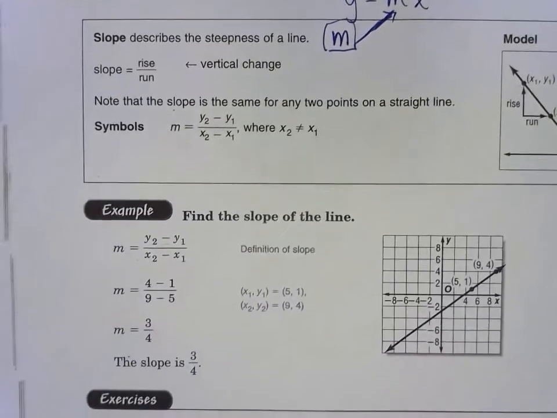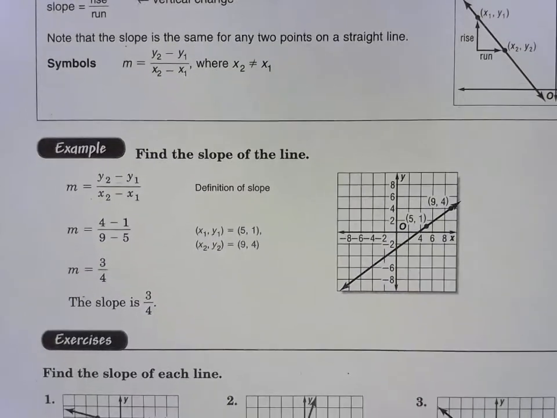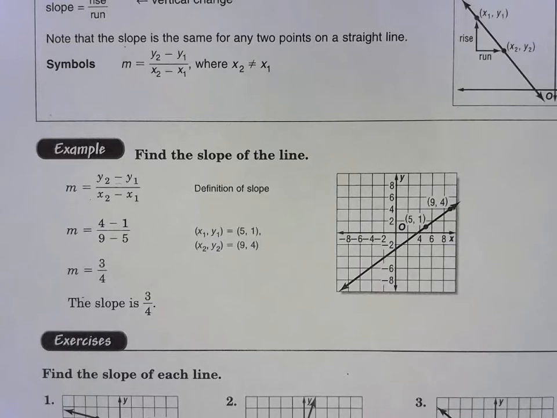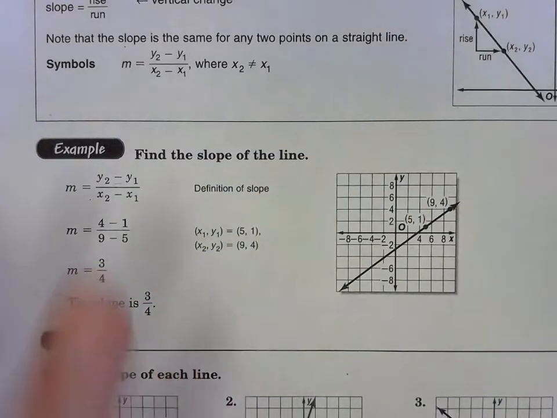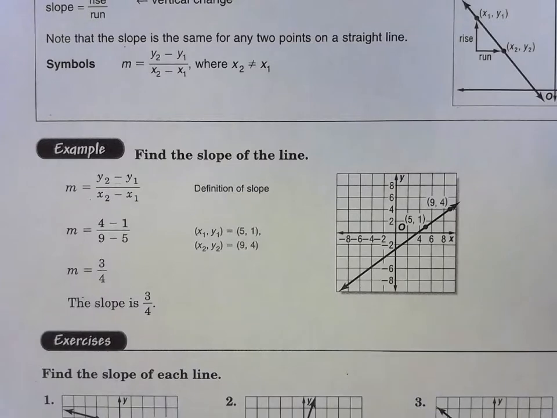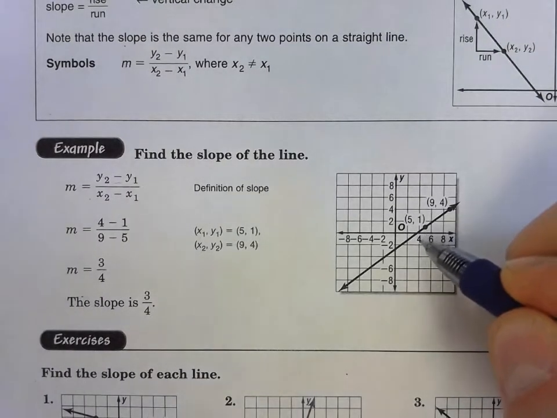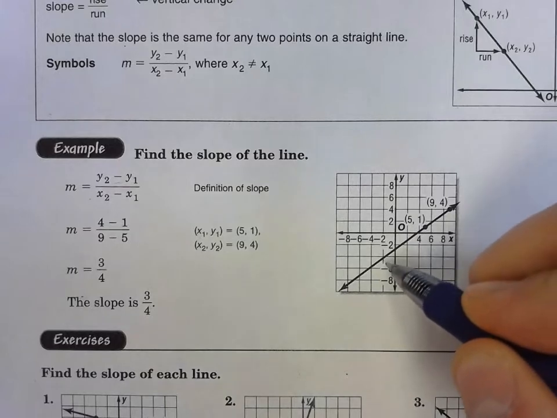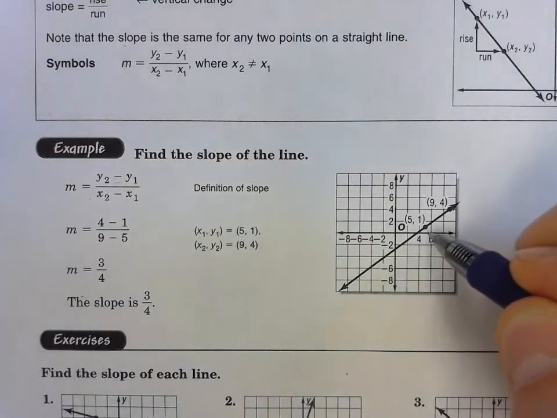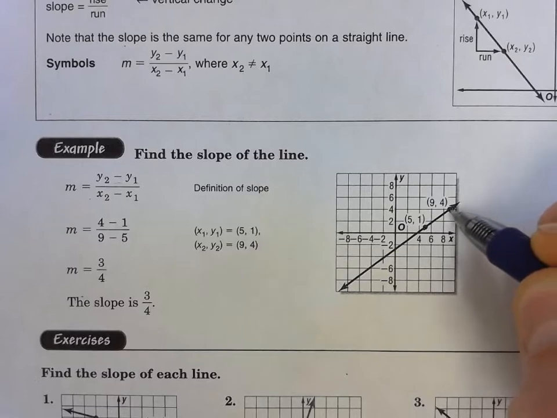Alright, so we're going to go down here and look at some of these examples on the graphing part, and then we're going to see how it also works on the formula part. First, I want us to look at the graphing part, and you can see that you've got a point here where it crosses, and you've got a point here.